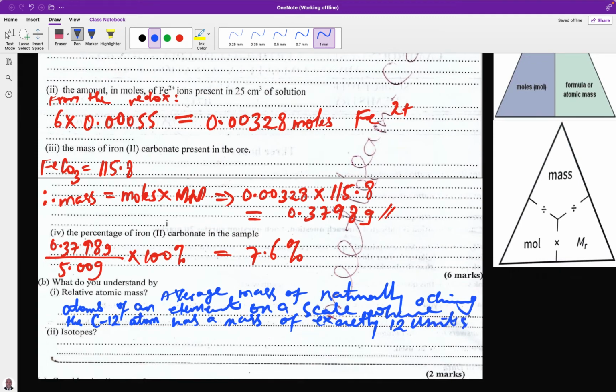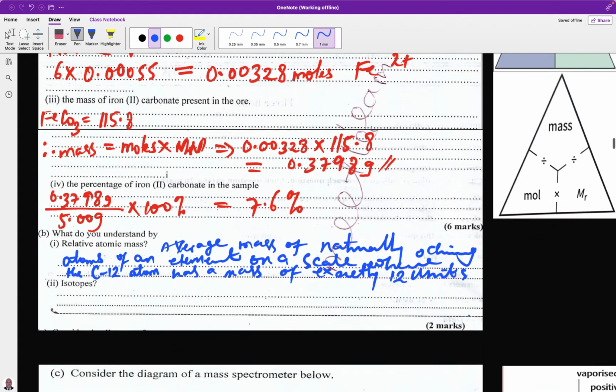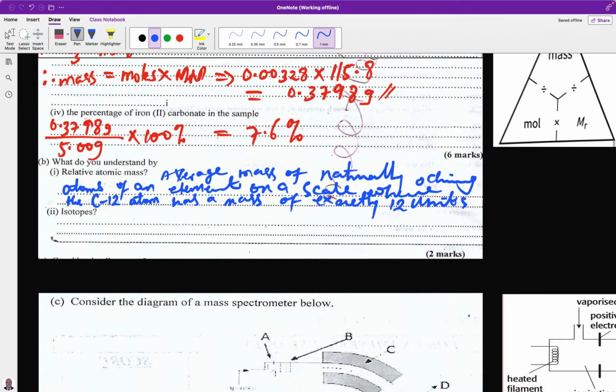So it's just the average mass of naturally occurring atoms of an element on a scale where the carbon 12 atom has a mass of exactly 12 units. You just need to know how to define the relative atomic mass.